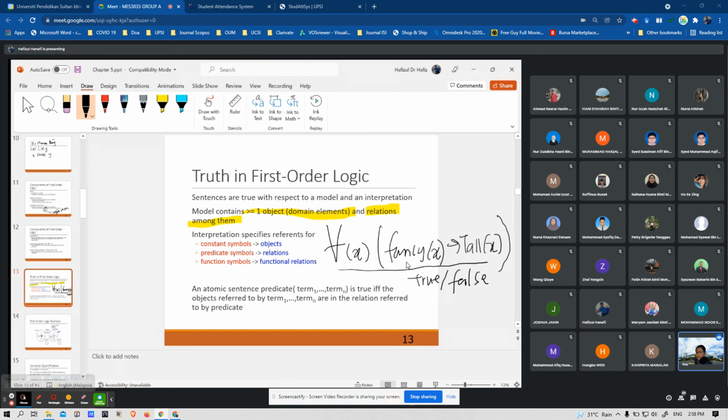Sometimes we interpret a language in a particular domain, and it is useful to introduce new constant symbols into the language to denote elements of the domain. Sometimes we introduce a constant symbol and sometimes a predicate symbol to show some relationships.